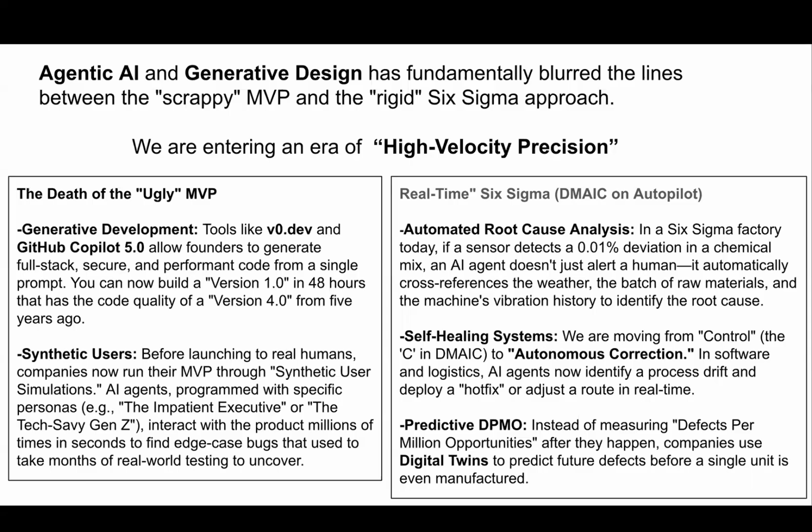So when we look at Six Sigma and we put DMAIC on autopilot, what you can find through Six Sigma is this precision you need, right? So you use AI and you have automated root cause analysis. When we get into these smart factories, we can use sensors as opposed to human observation while this is all going on, instead of having to wait for later.